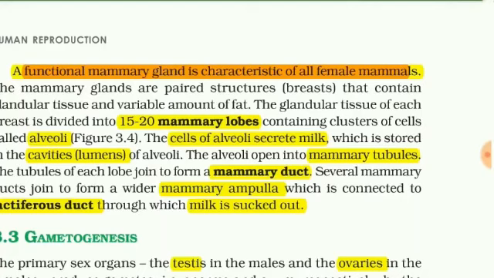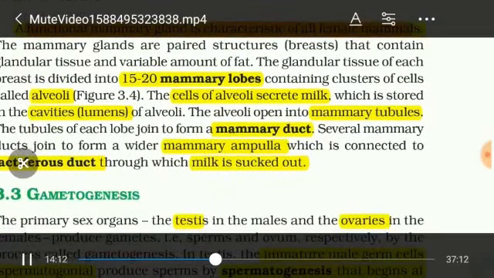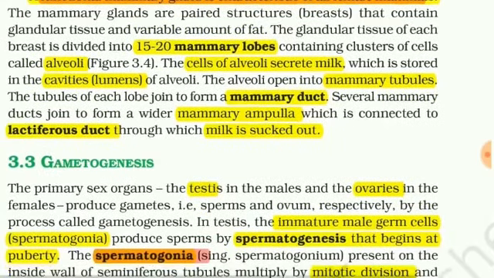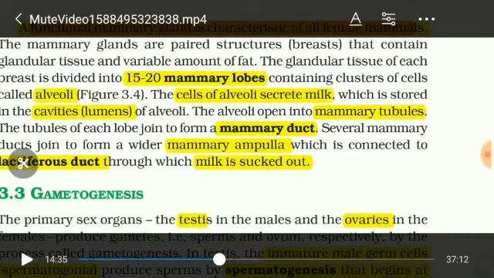Then we move on to gametogenesis. Gametogenesis is the formation of gametes. The formation of the male gamete is spermatogenesis, the formation of sperm, and the formation of the female gamete is oogenesis, that is, the formation of the ovum. Gametogenesis is divided into these two types.